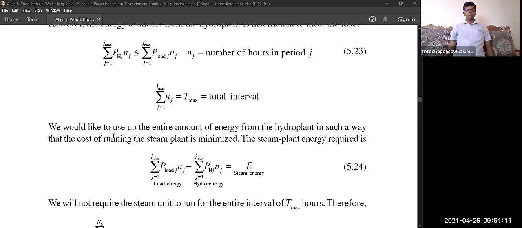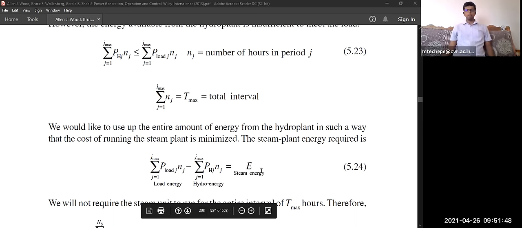So we would like to use up the entire amount of energy from the hydro power plant in such a way that the running cost of the steam power plant is minimized, so that we utilize the maximum amount from the hydro power plant. The energy required is given by P load, that is steam plus hydro.